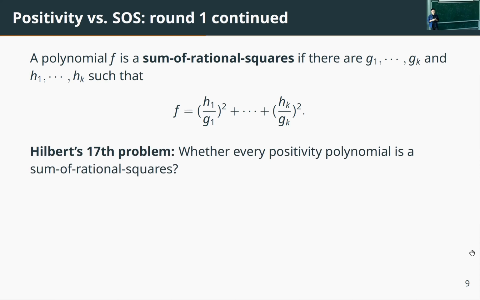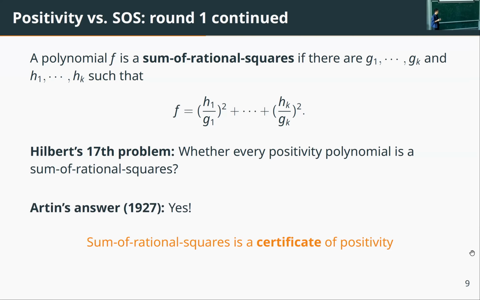And the famous Hilbert's 17th problem asks whether every positive polynomial can be written as a sum of rational squares, and Artin proved yes. And the good news is there are algorithms based on semi-definite programming which can also output the decomposition of rational sum of squares. So now positivity is not that hard.